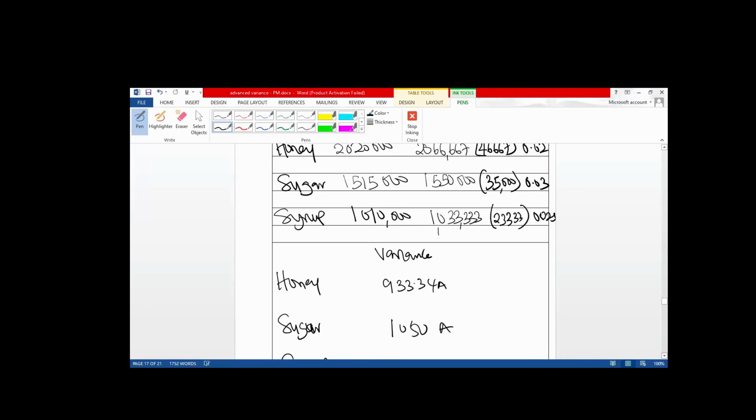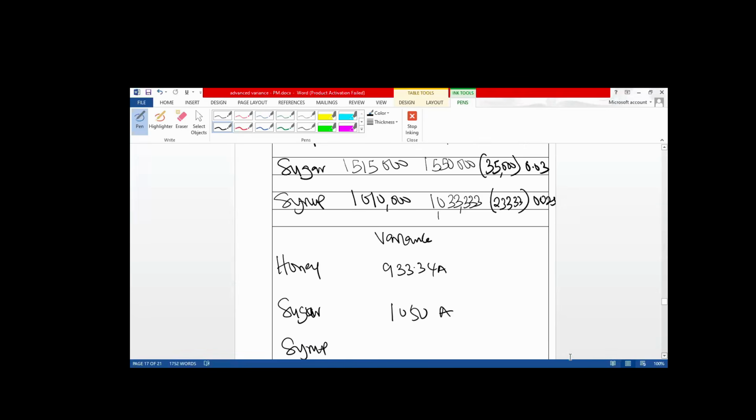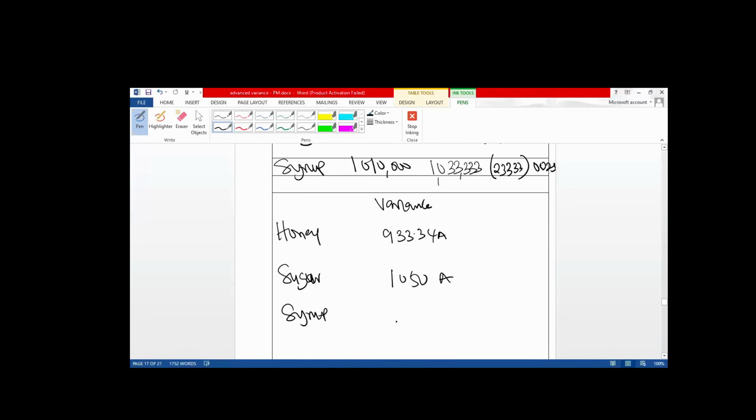Then syrup is 833.325 adverse. Total adverse is 2,566.665.